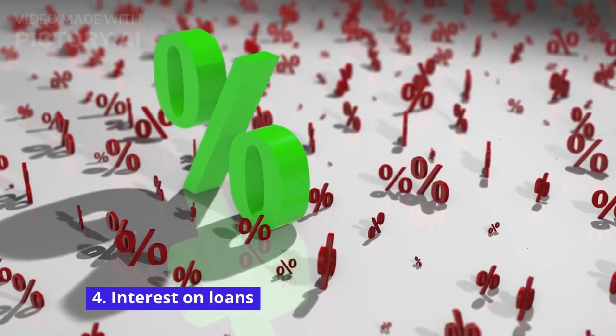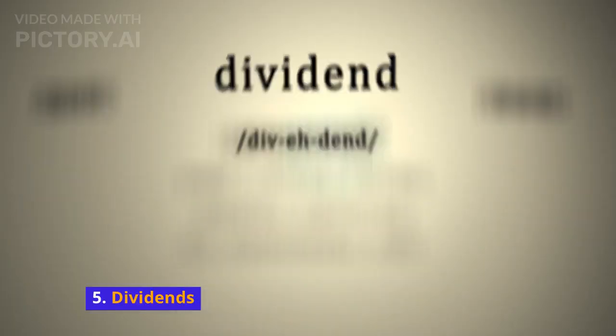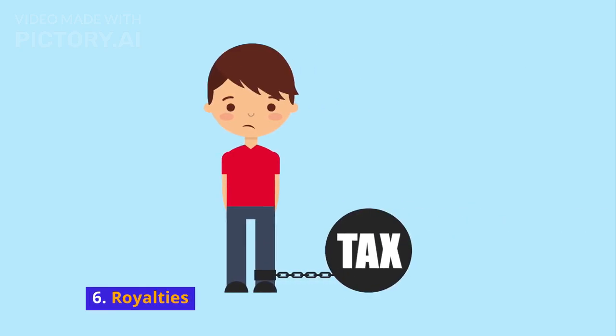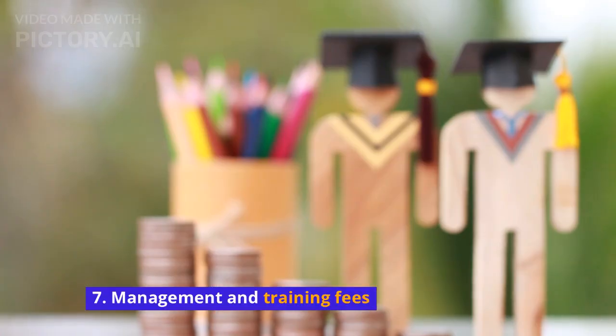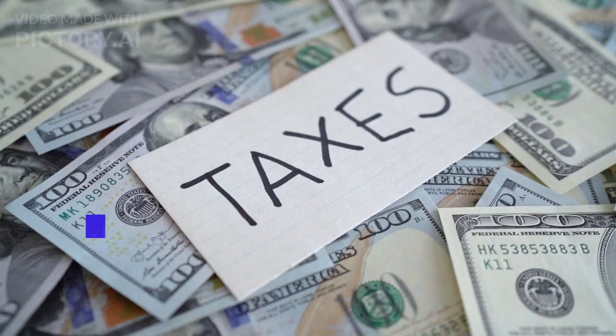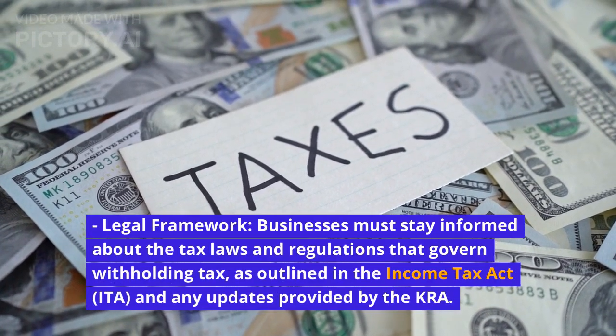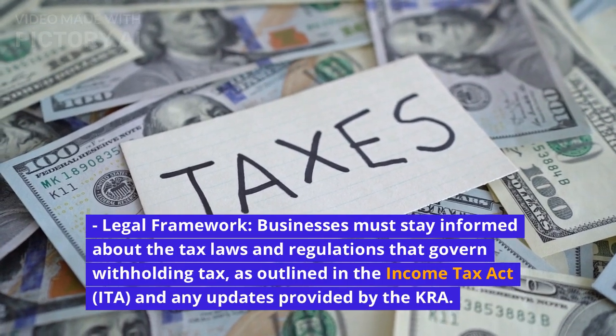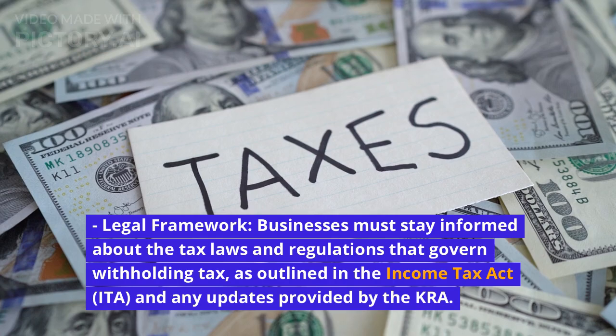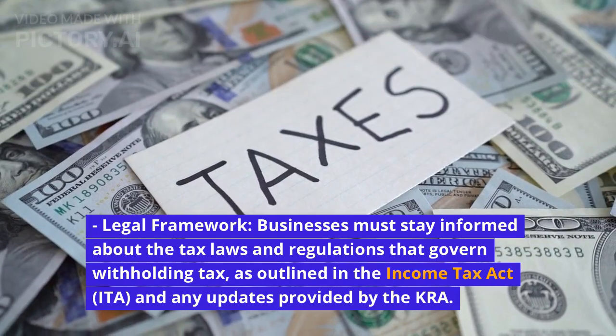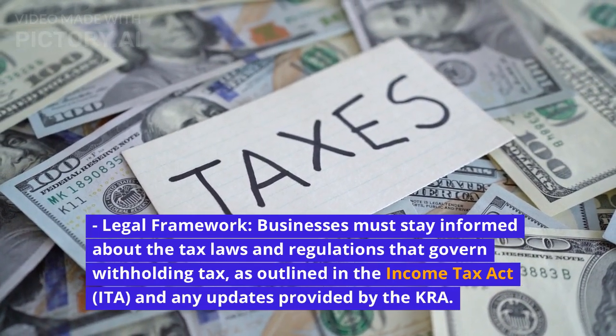Interest on loans. 5. Dividends. 6. Royalties. 7. Management and training fees. Legal framework. Businesses must stay informed about the tax laws and regulations that govern withholding tax, as outlined in the Income Tax Act, ITA, and any updates provided by the KRA.